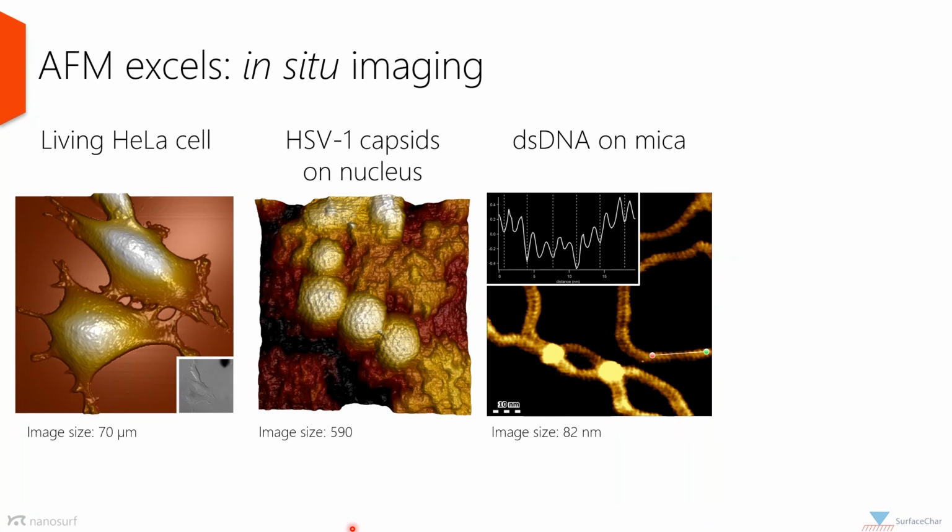Another order of magnitude smaller, we can look at, for example, DNA. Here we see a bunch of DNA molecules. They are crossing over here, for example. But what we can also nicely see is that there is some banding structure on these molecules, some stripe pattern. If we create a height profile from a part of this DNA, we get this pattern shown here in the inset, and we see there's some periodicity to it.